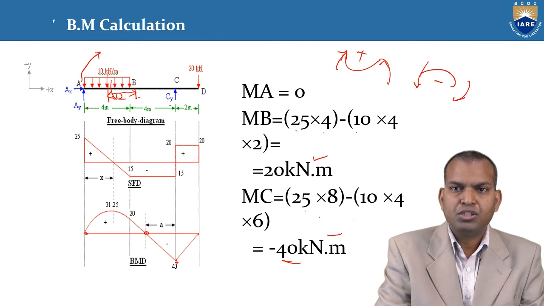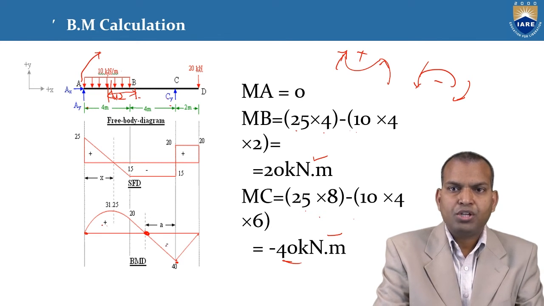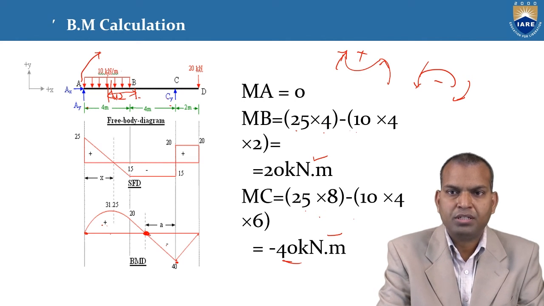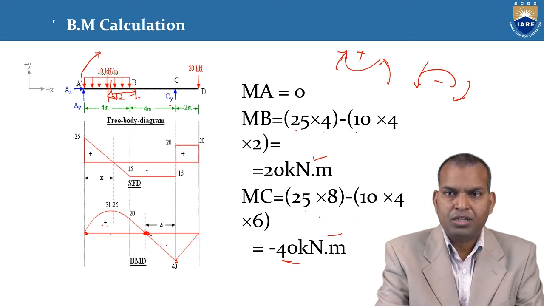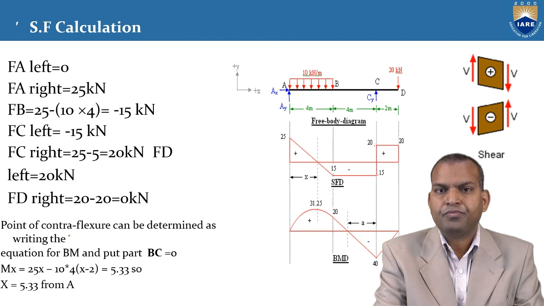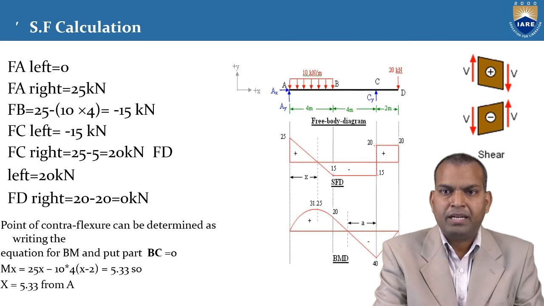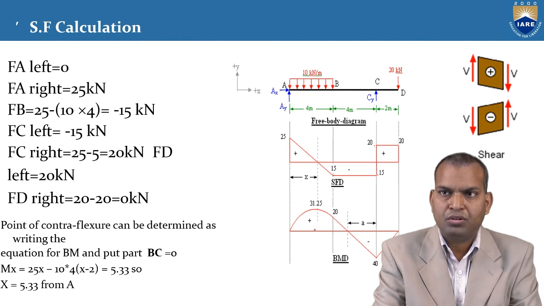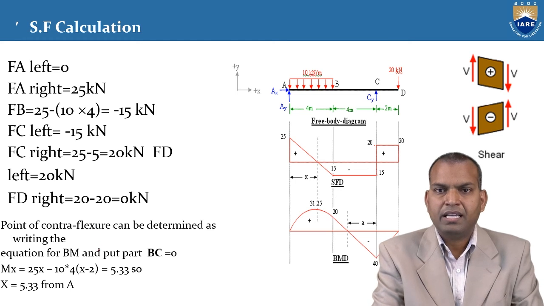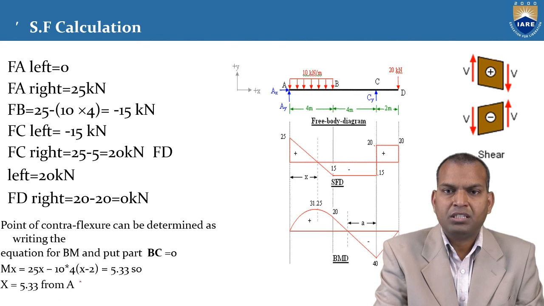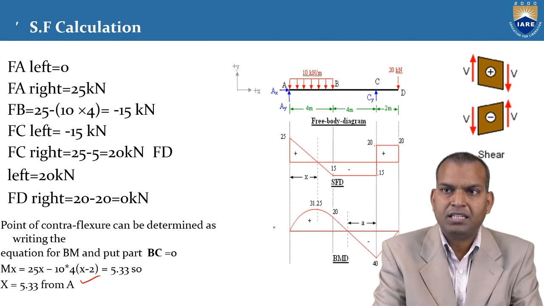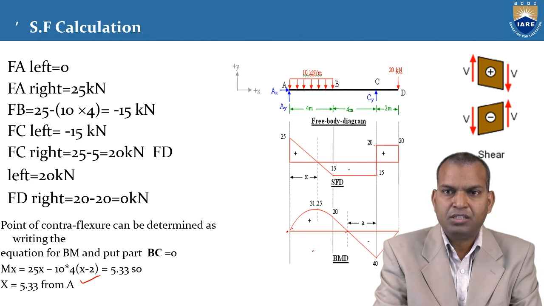Here the bending moment changes from positive to negative. The point where it crosses the baseline is the point of contraflexure. How to calculate the point of contraflexure? We take the moment equation for part BC and equate it to 0.